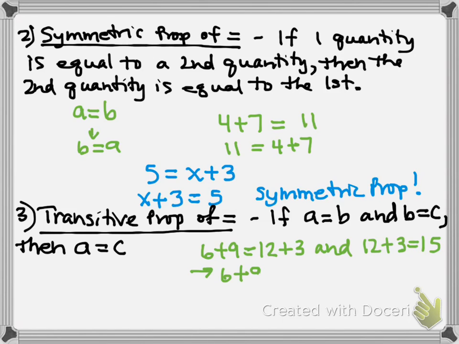Yeah. 6 plus 9 equals 15. So again, at the elementary level, it's what are different ways to get 15? Well, I can do 6 plus 9, I can do 12 plus 3, I can do 14 plus 1, I can do 15 plus 0, and so on and so forth. So that, again, could be how it's used.